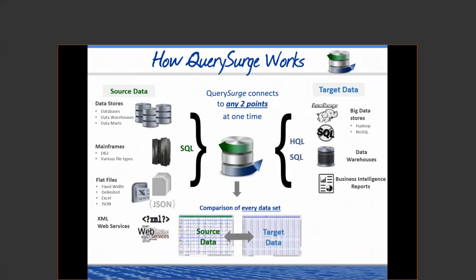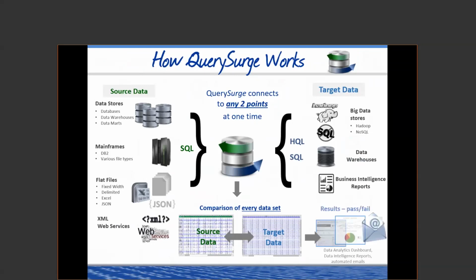And QuerySurge will analyze every single cell of every single record. As you can imagine, if you were trying to do this manually, there's going to be a limitation as far as how much data you can test. But with QuerySurge, we have customers testing millions and billions of records, and it will be able to pinpoint any type of data mismatches, such as maybe records from your source system that didn't make it into your target system, or maybe you were doing an aggregate calculation with some of your source data and the value displayed in your target database is incorrect, or any other type of data anomaly that you can think of as part of your testing.